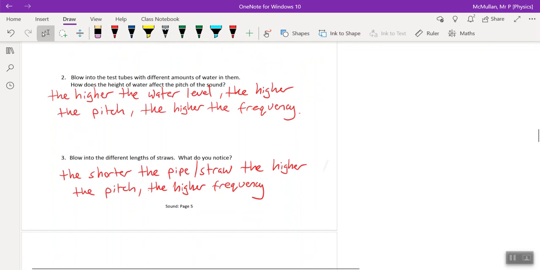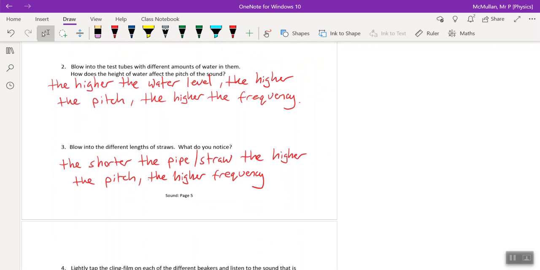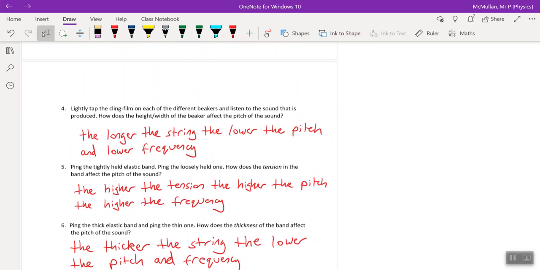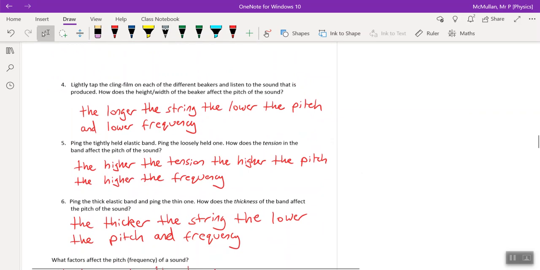If you have straws of different lengths which you blow into, you would notice that the shorter straw has a lower pitch. These will all be available on the Firefly page, so do not worry if you're not able to write down as we go through. Cling film, the tighter that it is stretched, the longer this piece of string is or the piece of cling film is, and you ping, the sound it creates is a low sound.